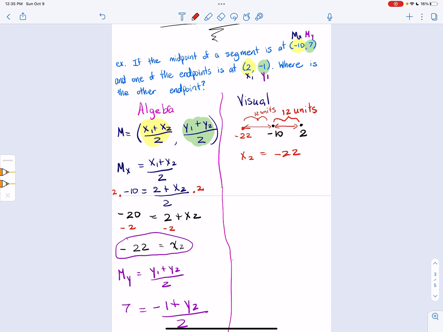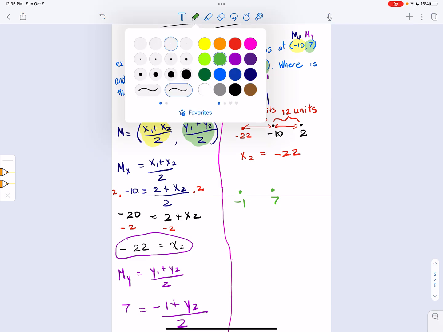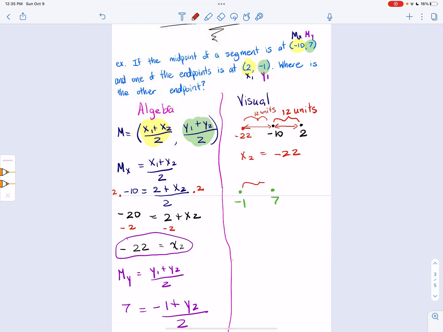Now we can do the same thing, visualizing a number line for the y's. If we have a number line for the y's, our middle is at 7, and we know that from right here. The middle of the y's is at 7, and our y1 is at negative 1, so it's over here on the left. If you look at how many spaces there are between negative 1 and 7, they're 8 units.